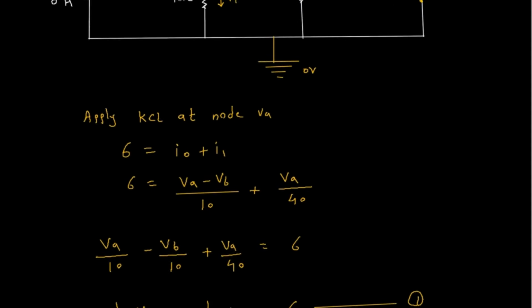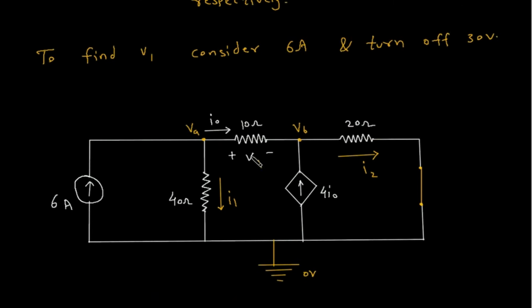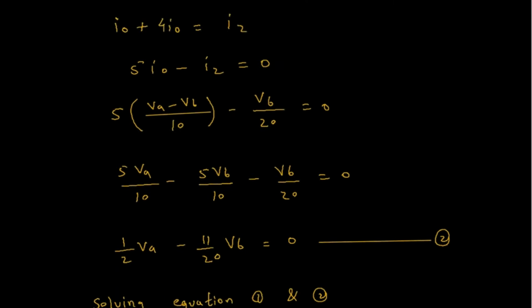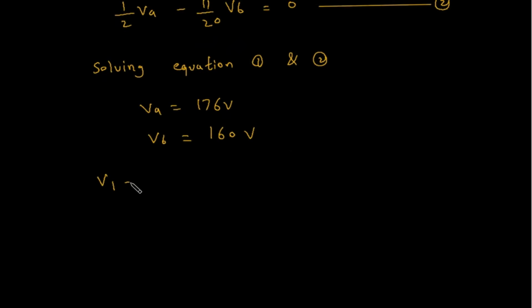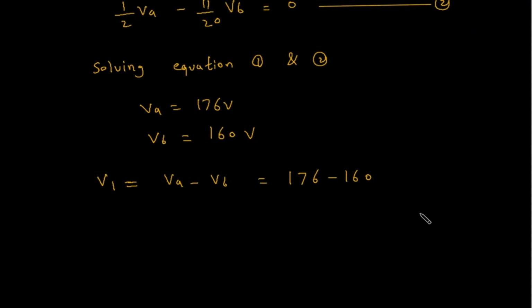What we have to find? We have to find V1. So V1 is equal to VA minus VB, so this will be 176 minus 160, which is equal to 16. So V1 is equal to 16 volt.